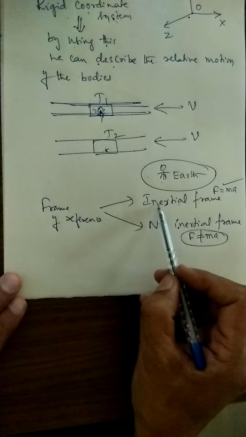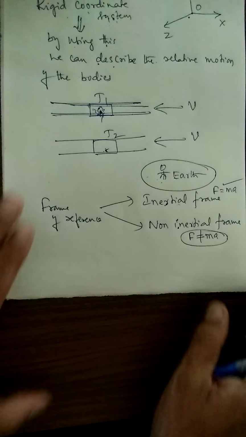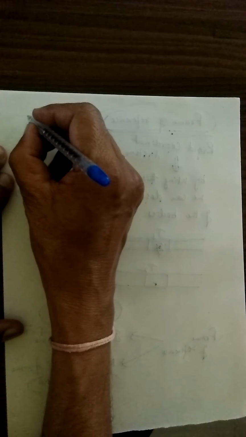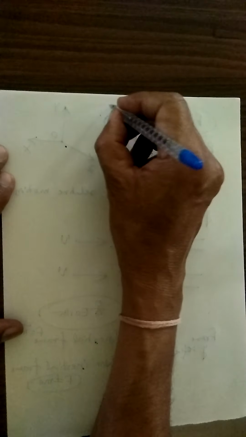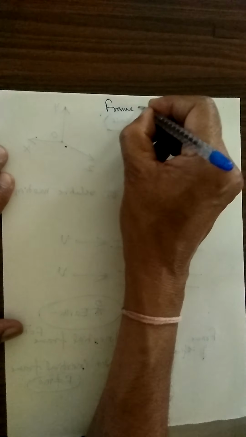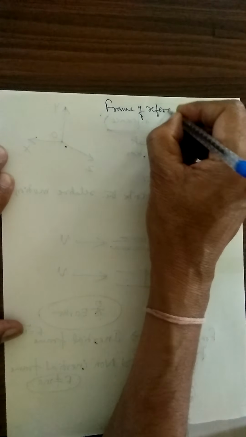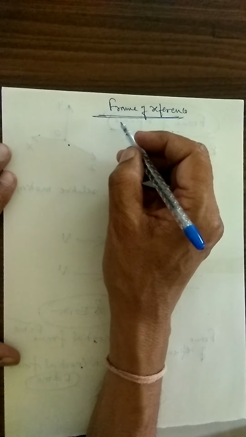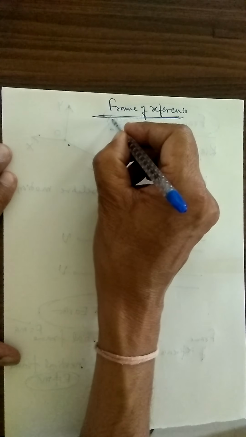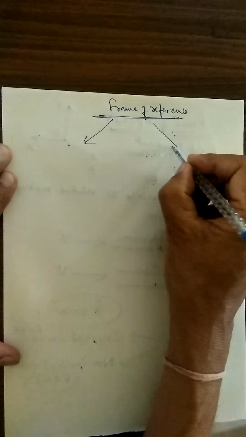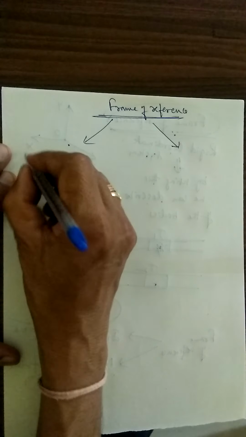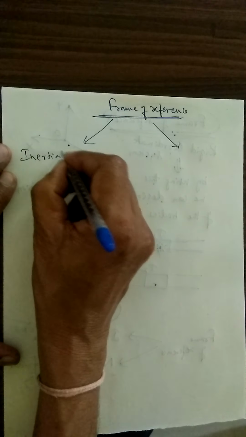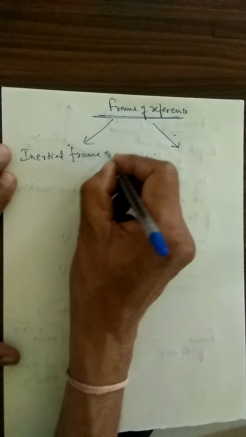Yes, inertial frame of reference, non-inertial frame of reference. Now one by one I will consider them. What do you mean by an inertial frame of reference? A frame of reference can be divided into two categories. Again, if you want, I will write. One is the inertial frame of reference.